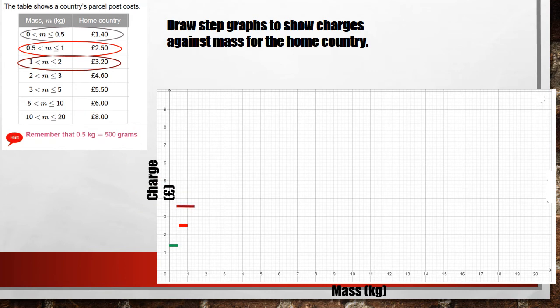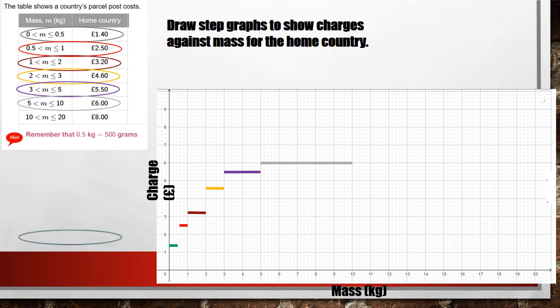Find where 3.20 is and draw a horizontal line from 1 to 2. If the mass is between 2 and 3, it is 4.60. Find the 4.60 and draw the horizontal line. Do the same for 3 to 5, 5 to 10 kilograms, and then 10 to 20 kilograms.